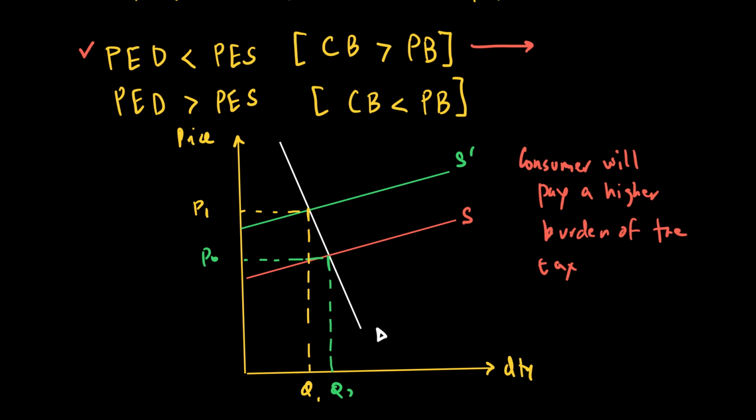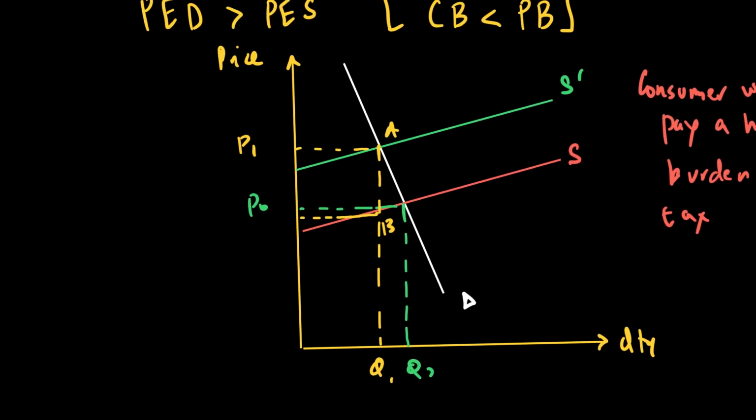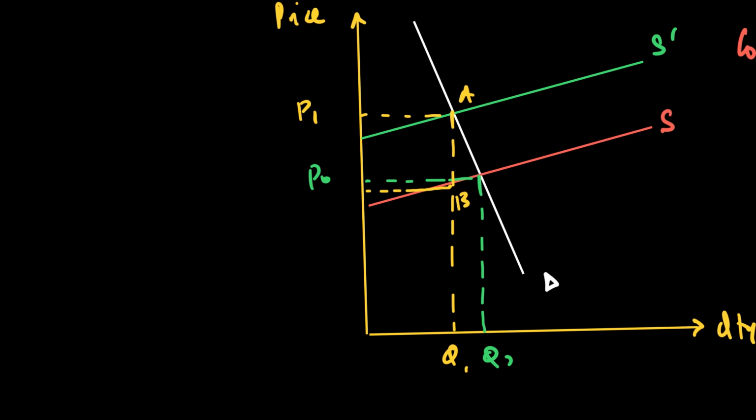Look at this, guys. This AB is my vertical distance. Now if I zoom this area, this is a pretty inelastic curve. You can see this, that your consumer burden is this whole region. This is my consumer burden of the tax, which is so much larger than the producer burden of the tax, which is this region here.